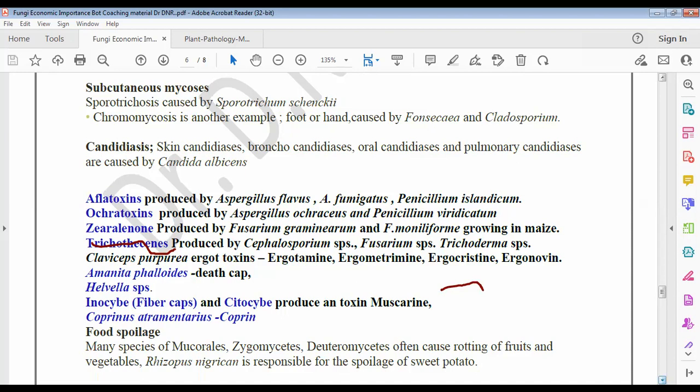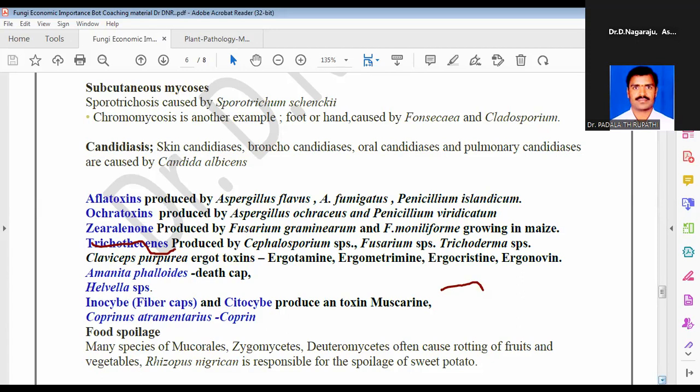Majorly in the hostel, so many students get food poisoning because of this aflatoxin, this fungi, because food is not cleaned properly or spoiled food material is used for the chutney. You know the groundnut, Arachis hypogaea, molded seeds which have aflatoxins inside. Ochratoxins.